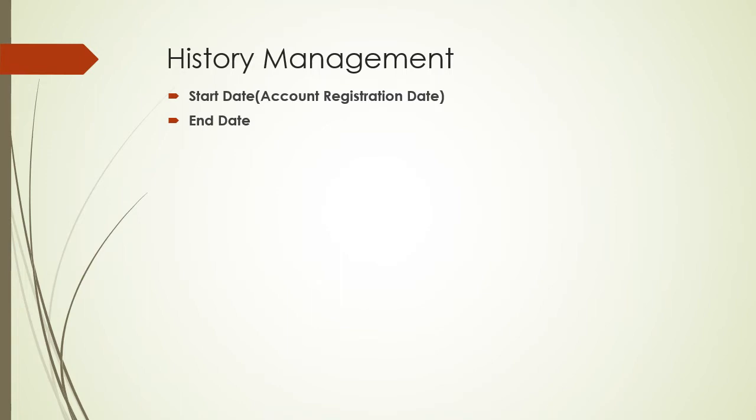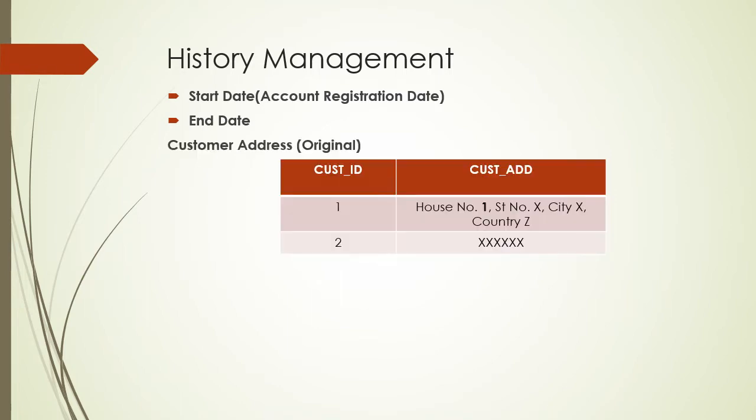So let's say this is the information that you're after. This is non-history maintained. So you do not see any start date or end date associated with this kind of data set.